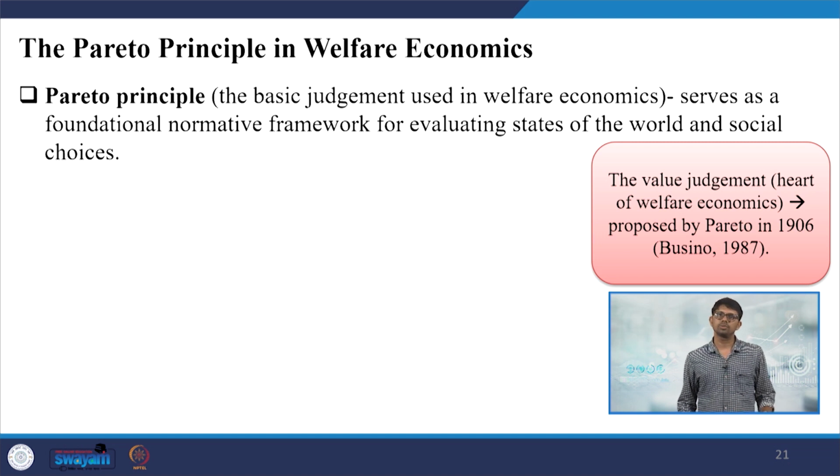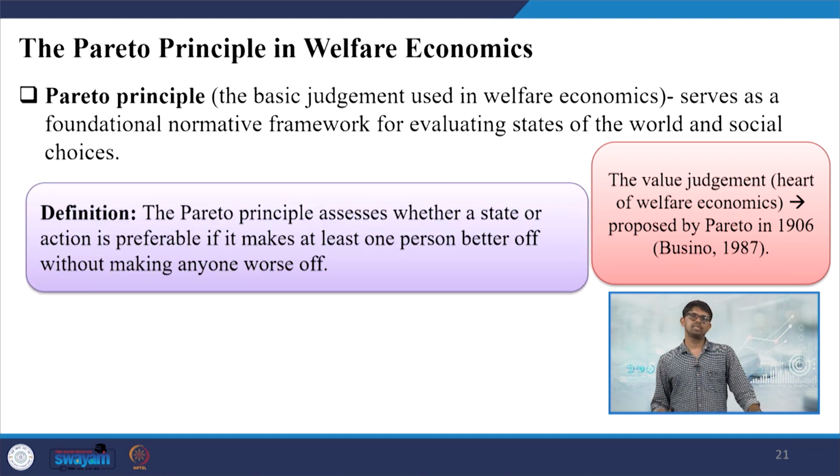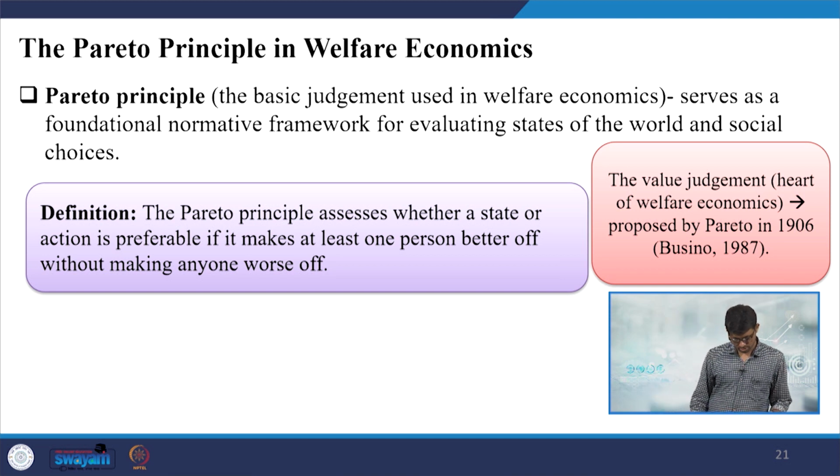The value judgment is indeed the heart of welfare economics, proposed by Pareto in 1906. You can read the paper by Bosino 1987 for this. The Pareto principle assesses whether a state or an action is preferable if it makes at least one person better off without making another worse off. That is called Pareto optimality or the Pareto principle.